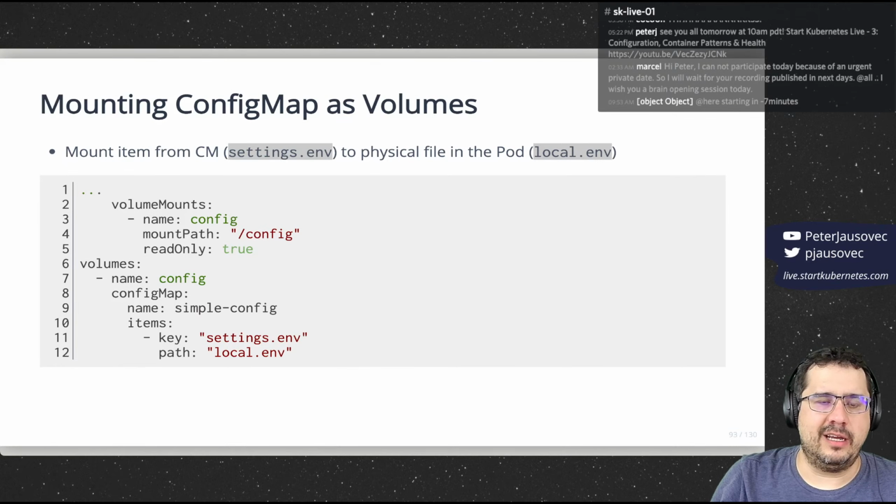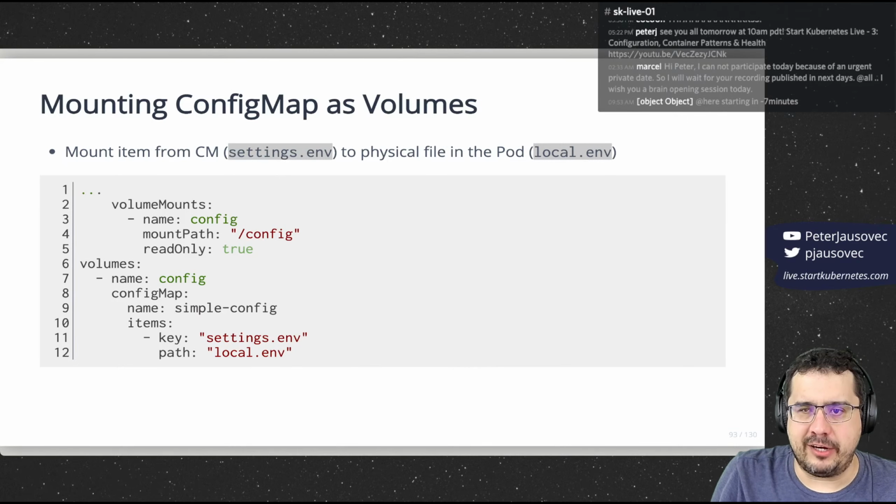And then we're saying the path for this file should be local.env. So this will mount the settings.env item to the path called local.env. The process of mounting this volume will create this local file that will contain the key value pairs that we defined under settings.env from the config map.